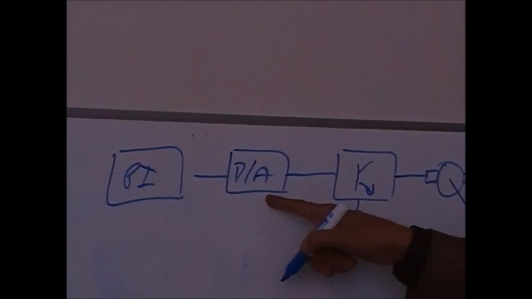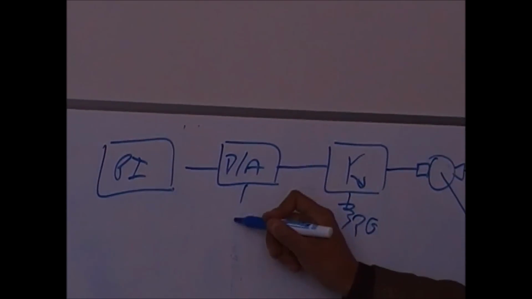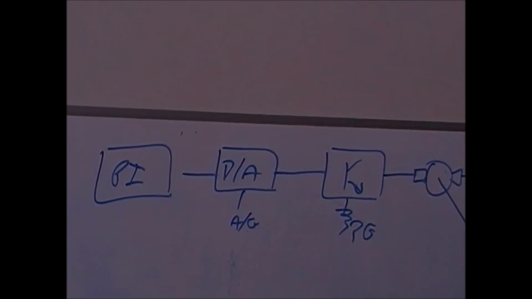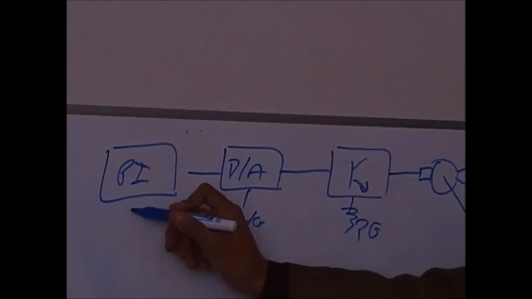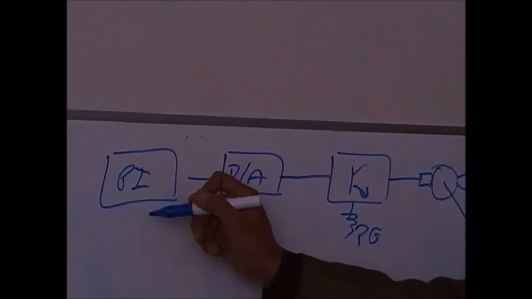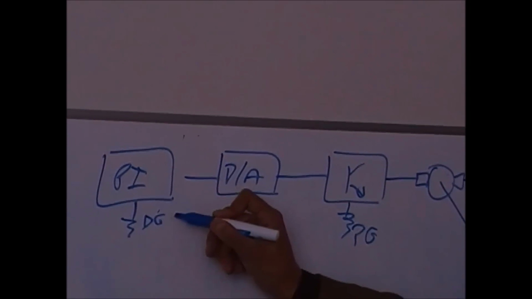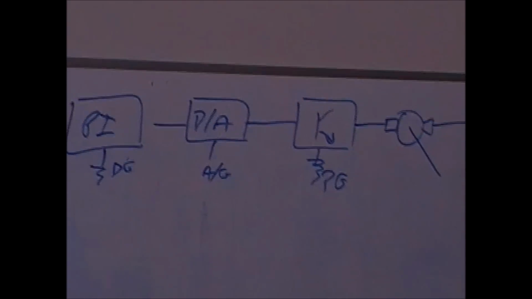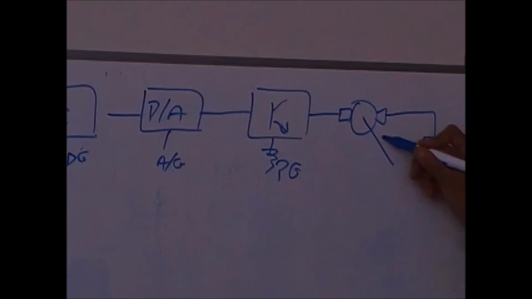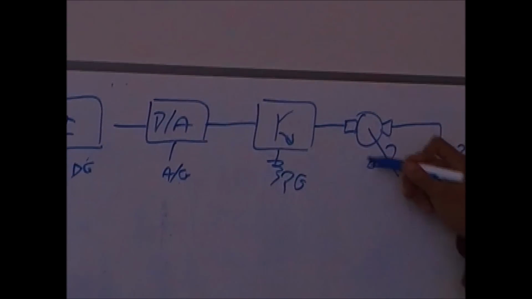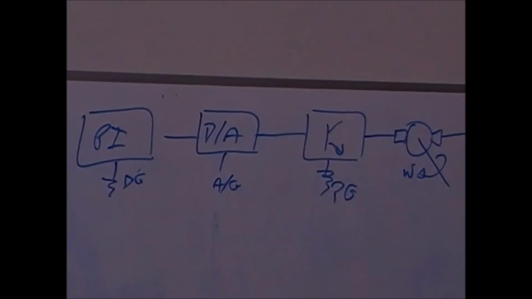But this one here is going to be connected to another ground. And the PI controller, because it's a digital controller, is going to be connected to a digital ground. So we have this system, and then we are measuring the speed here. So this is simply a speed controller, for example.